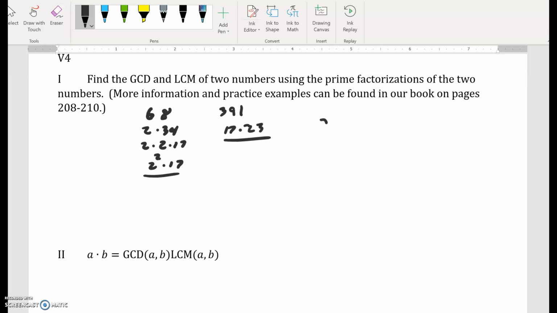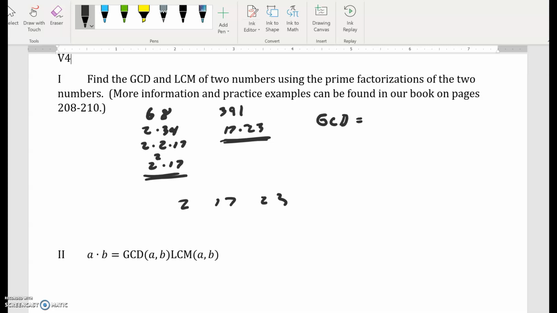Now the GCD is a product of some things, a multiplication of some things. And what do you multiply? You take the primes in these two results. The primes are 2, 17, and 23. And you take the fewest of them in any one result.